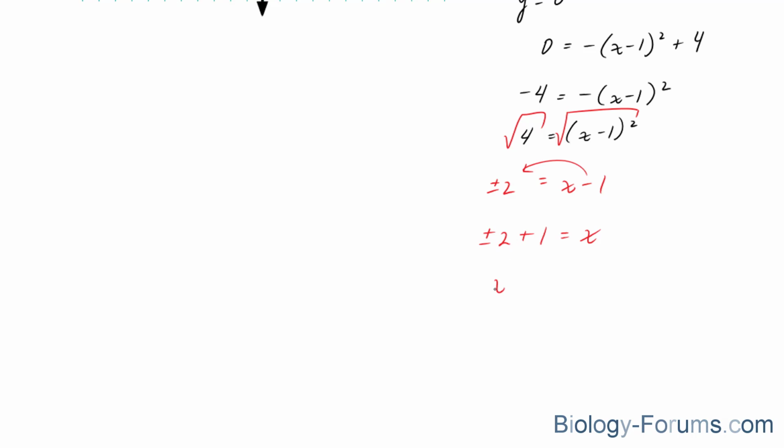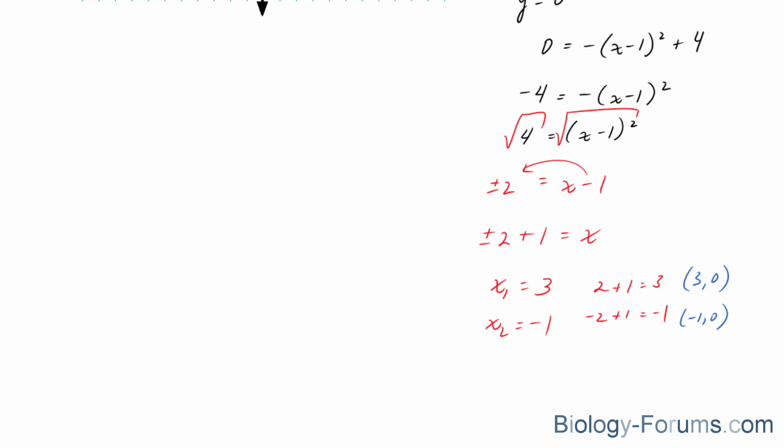Let's document both. x1 will be 3, and x2 will be negative 1. Now, in case you're confused, 2 plus 1 is 3, and negative 2 plus 1 is equal to negative 1. So the coordinates of these x-intercepts will be 3 and 0, and negative 1 and 0.